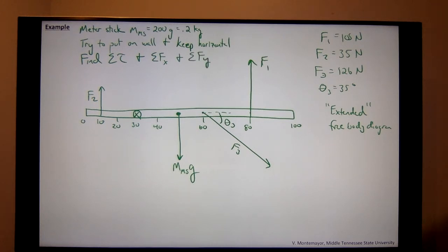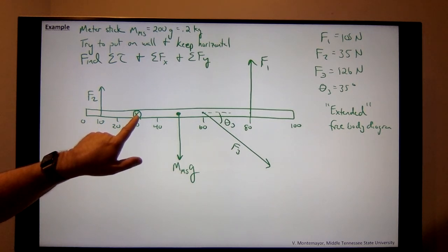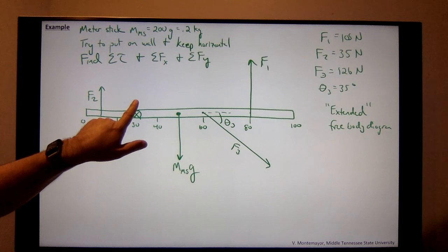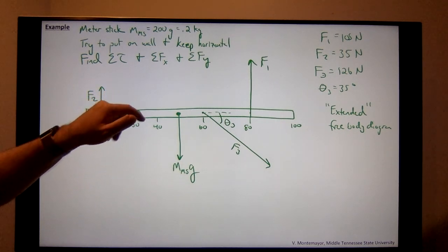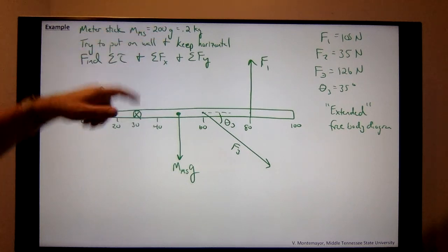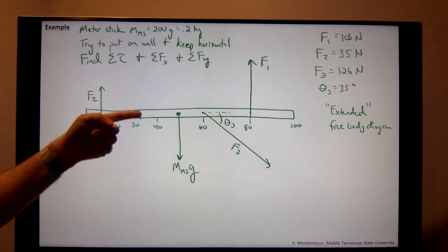Now you may be looking at this and thinking, okay, but are there any other forces? What about the nail? What's it doing? You're right. It's doing something. I don't really know for sure at this point if the nail is holding it up by applying a force this way, or because there's so much of these other forces pushing up, maybe it's holding it down.